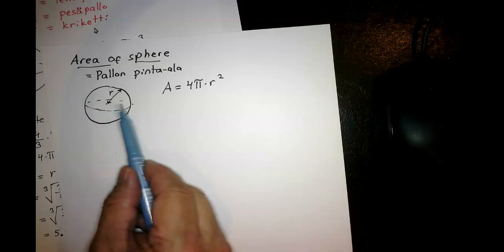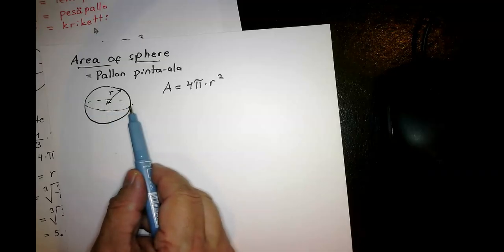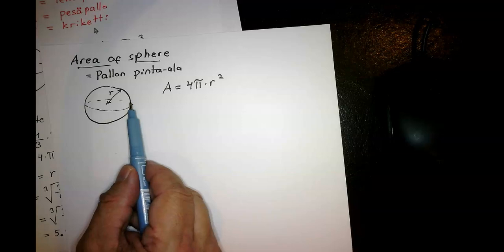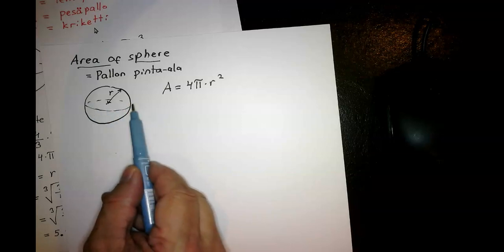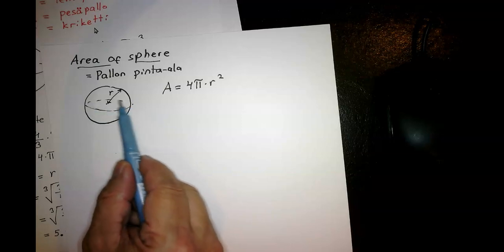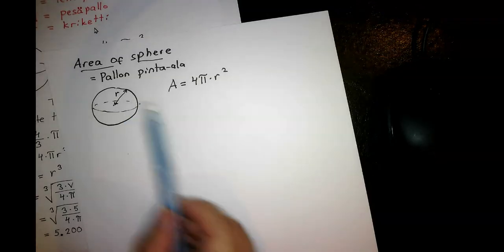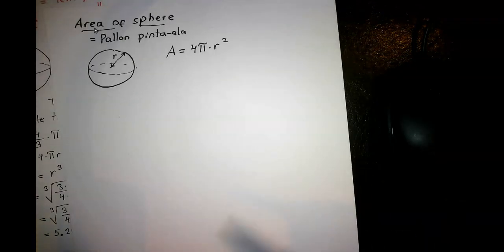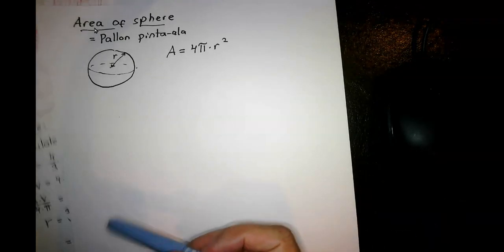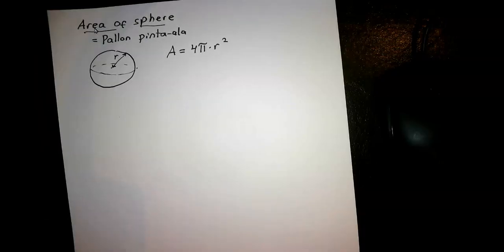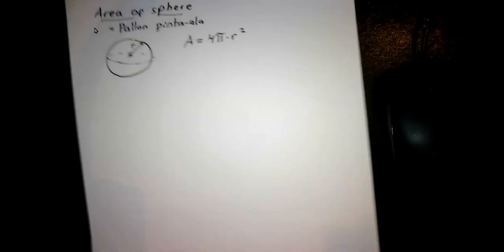It could be called the big circle of this sphere. So the area of this circle is pi r squared, and the area of the surface of the ball is 4 times that. I think it's quite cute. Or is it? I don't know.